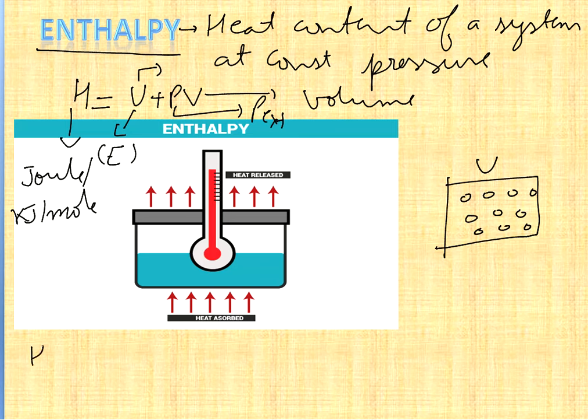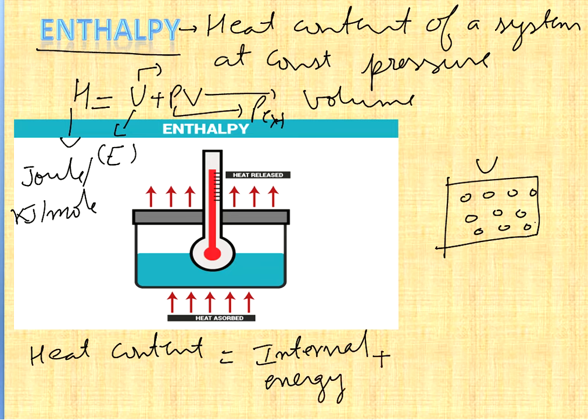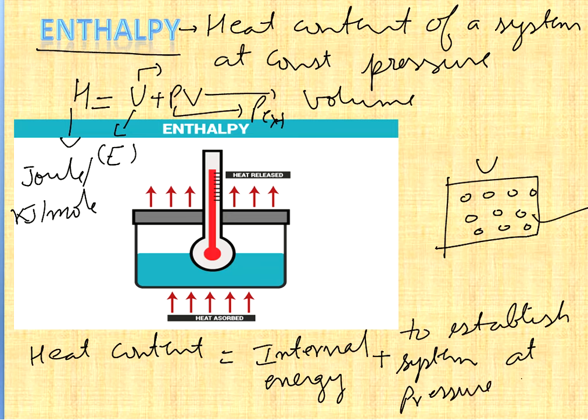So what will the heat content H be? It is equal to internal energy plus, now you can see, to establish a system at any pressure and any volume from empty space, work should be done, because something is reached from somewhere.